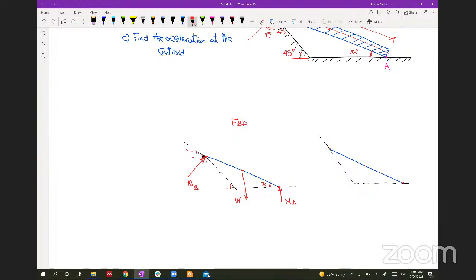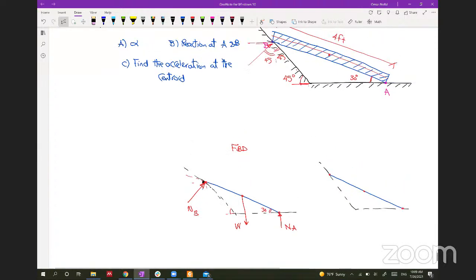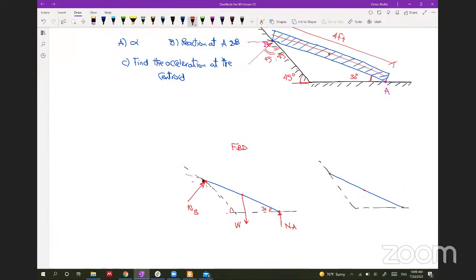And let's get the acceleration. This body should be moving, let's assume, this way, and this point is going down as soon as it moves. So let's assume that this is MAx and this is MAy, and it rotates in this direction. So this is I bar alpha.